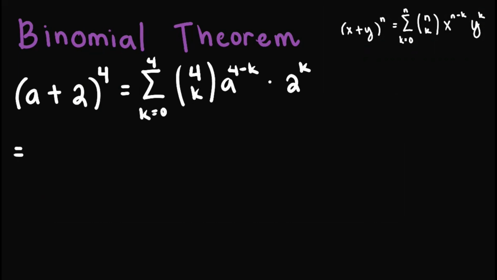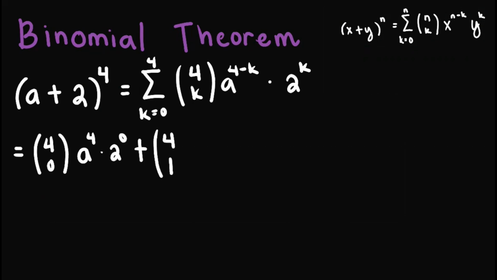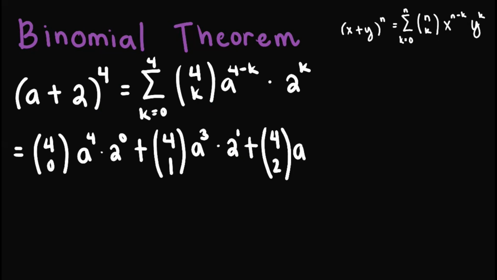So solving this one, first at k equals 0 we have 4 choose 0 times a raised to 4 times 2 raised to 0, plus 4 choose 1, this now in k equals 1, times a raised to 4 minus 1 is 3 times 2 raised to 1, plus 4 choose 2 of a raised to 4 minus 2 is 2 times 2 raised to 2, plus 4 choose 3 of a raised to 4 minus 3, which is 1, times 2 raised to 3.